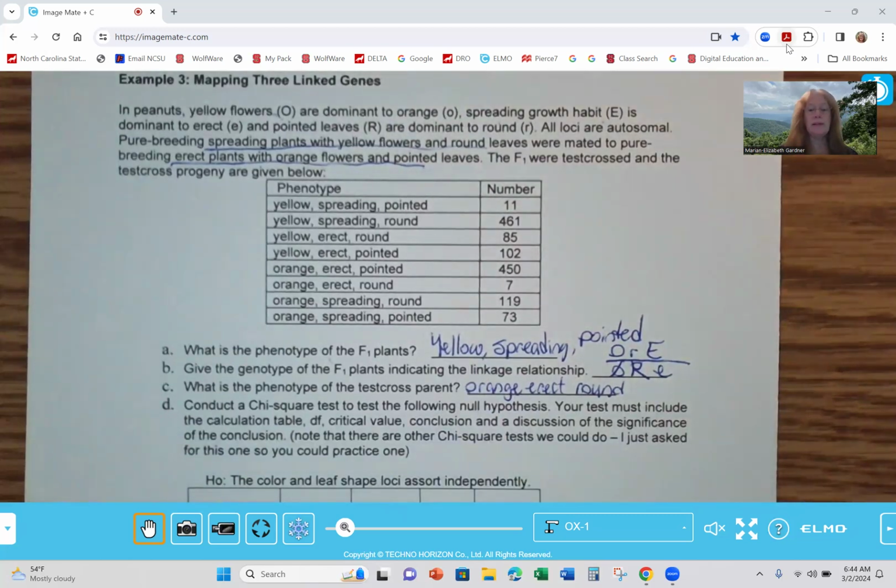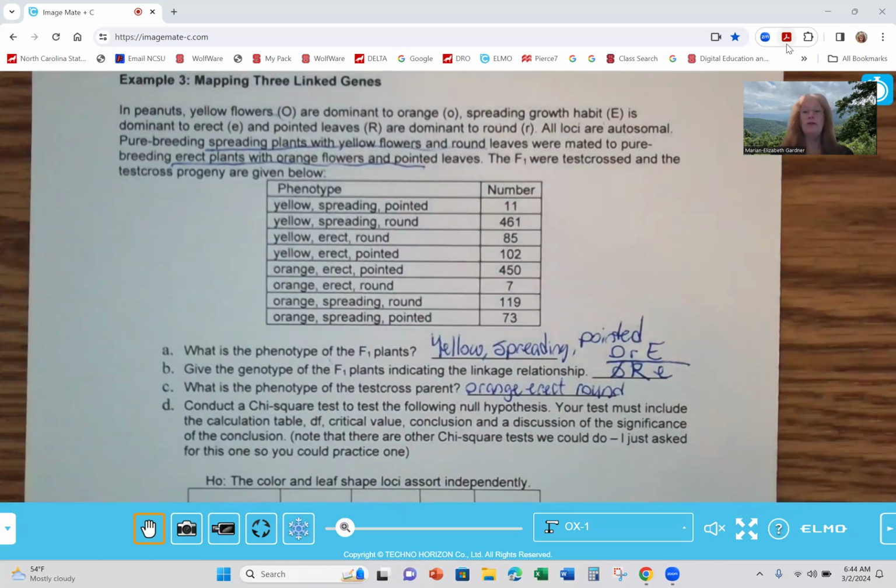Now we need to do a chi-square test to determine if these genes are even linked. And it's really appropriate to do a chi-square test for independent assortment before we do any sort of mapping. If we have linked genes, they should violate independent assortment in a chi-square test. We can only test 2 genes at a time.